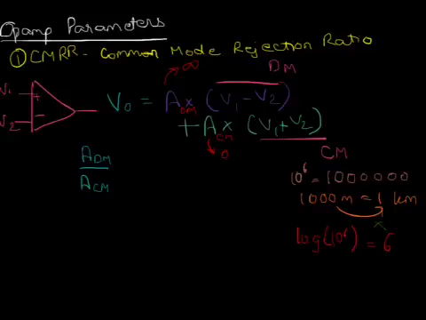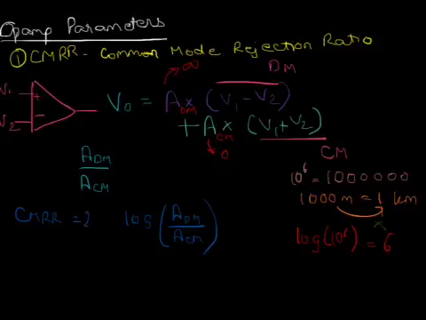So how the CMRR is defined is you take the log of the ratio of differential mode gain to common mode gain, and you multiply it by 20.